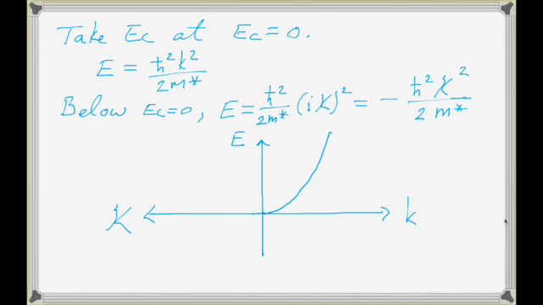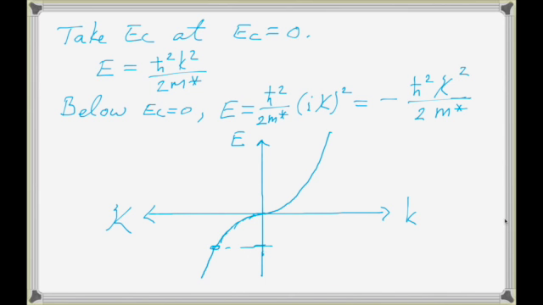And now these parabolas are identical. Below the band edge I have this relationship here. So basically for tunneling, you just flip the normal E-k plot upside down, and so you're going to be tunneling through a barrier at some energy, and you go over here, you find your κ, and that's what determines your tunneling.